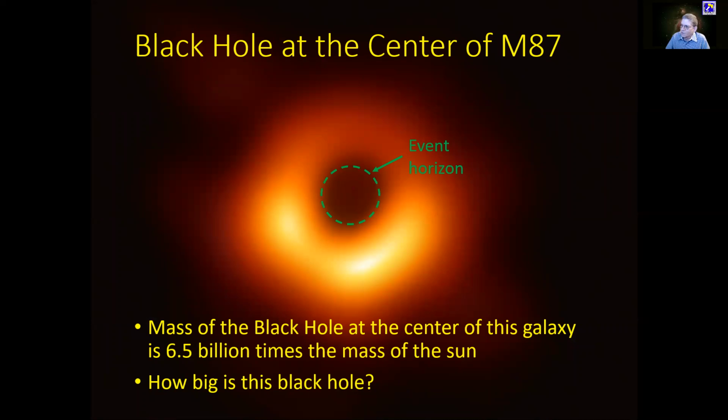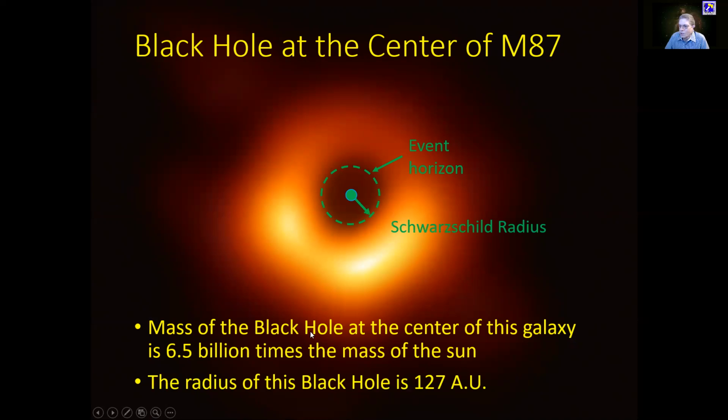So this is essentially the size of your black hole that we've been talking about. This is known as the event horizon. And if we were able to calculate the diameter of this right here to this event horizon, that would be how big this black hole is.